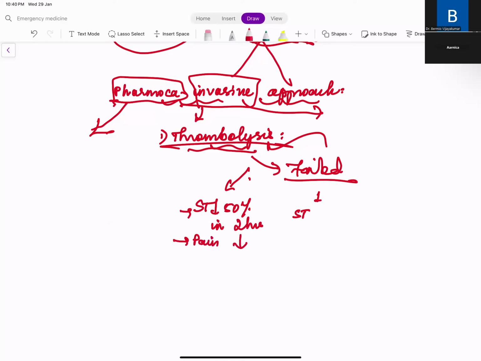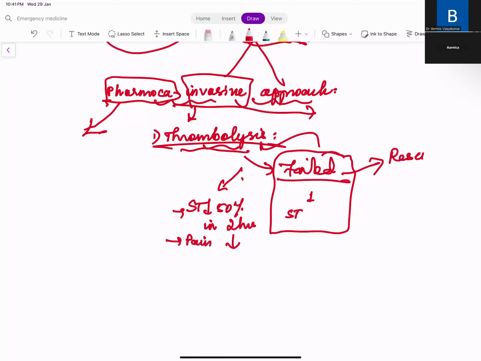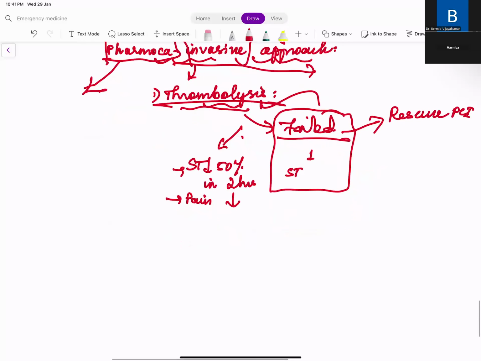This is called successful thrombolysis. If pain is still present, ST elevation doesn't come down by 50%, and the patient is still worsening, it's called failed thrombolysis. In that case, we have to refer the patient again as an emergency to a PCI center, where they do something called rescue PCI.